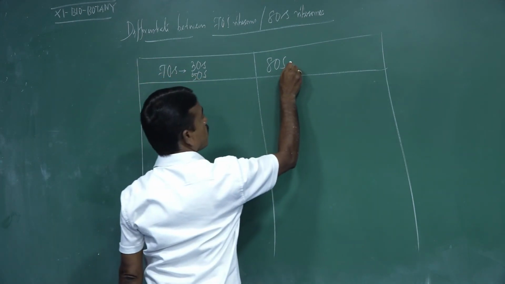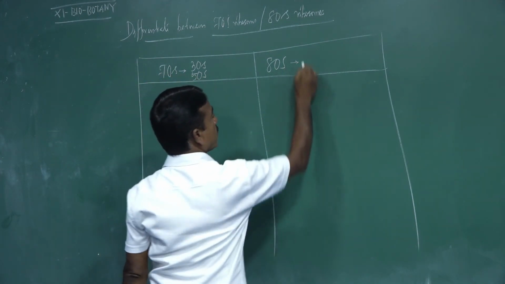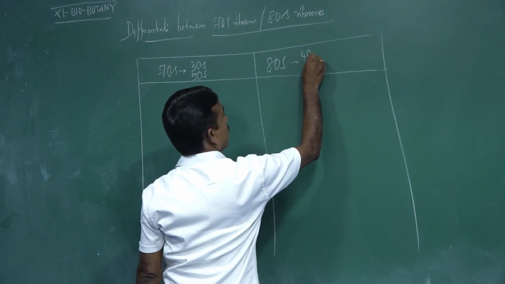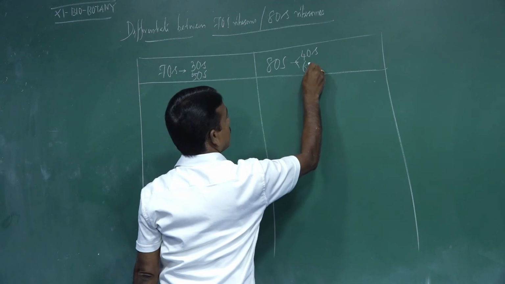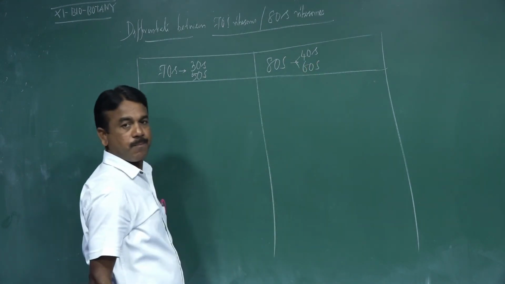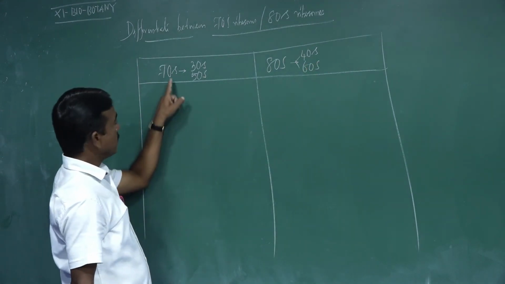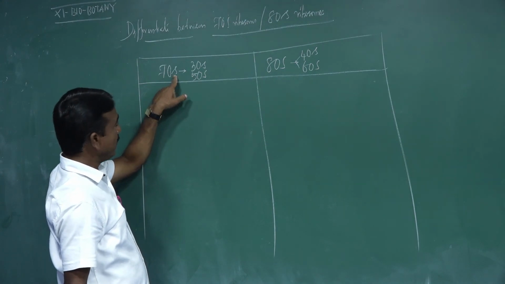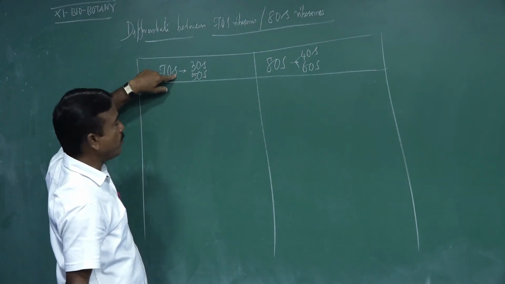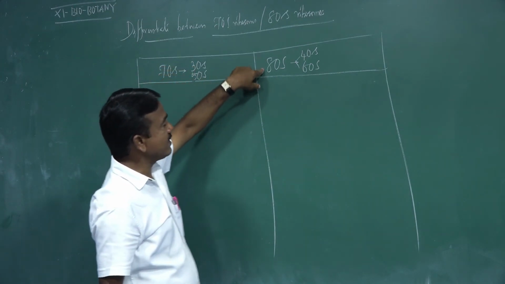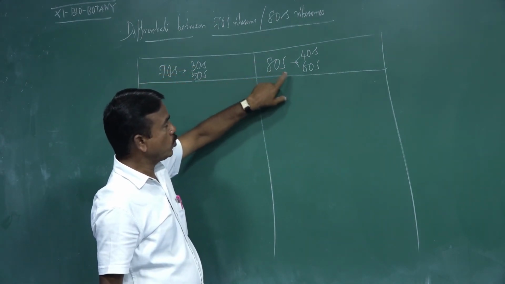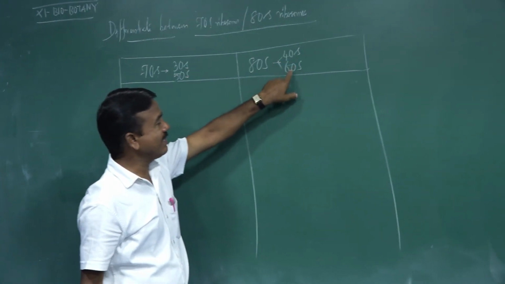The 80S ribosome also possesses two subunits, namely 40S and 60S.